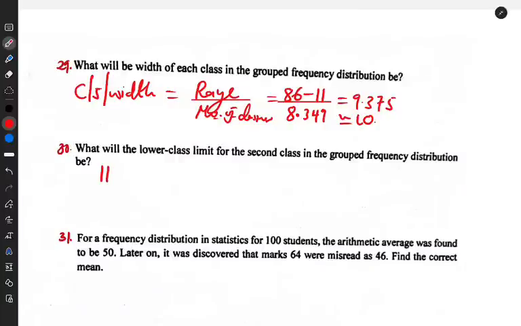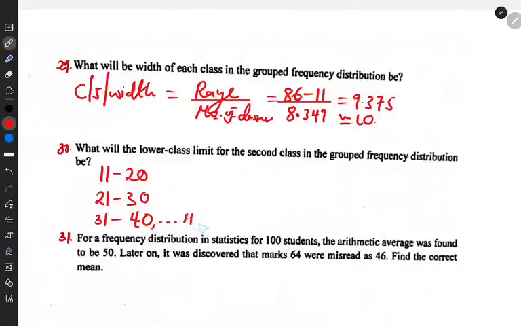So from 11, counting 10, being the class size, it will end at 20. And that means the second class will start from 21 to 30. And then the third one will start from 31 to 40. In that order, till we are through.